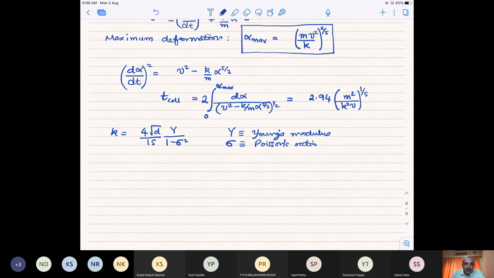And so, in our problem, let's consider aluminum particles of diameter 1.5 millimeters.